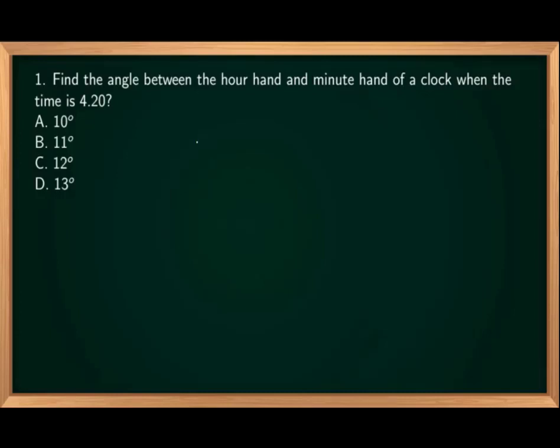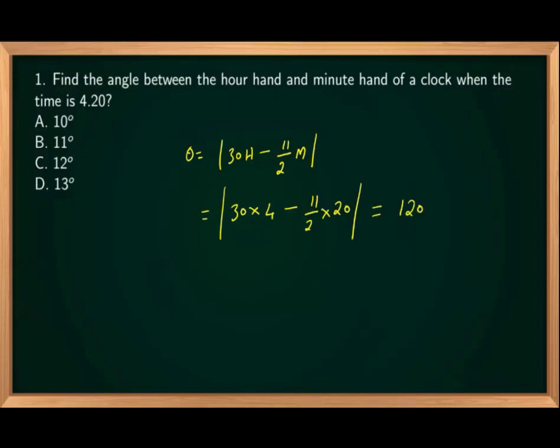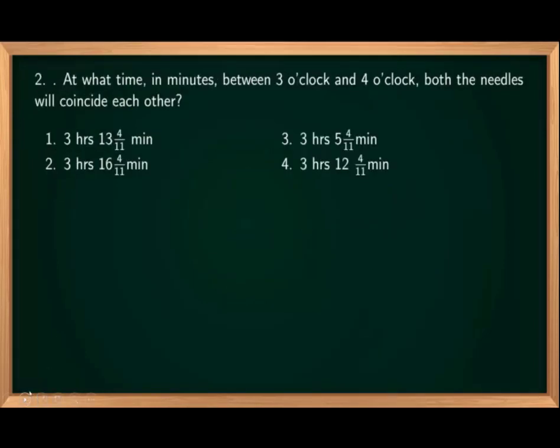Directly substituting in the equation, theta equals modulus of 30h minus 11 by 2m equals 30 into, here hour is 4, minus 11 by 2 into 20. Take the modulus value, 120 minus 110 equals 10 degrees. Option A. Is it clear? Yes, okay, good. Next question.